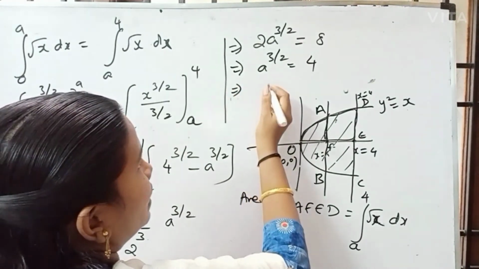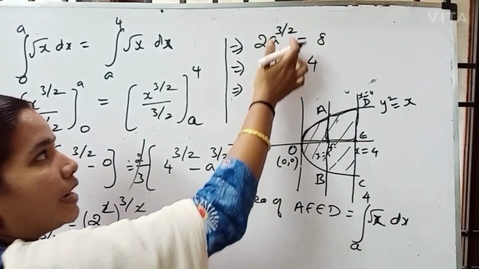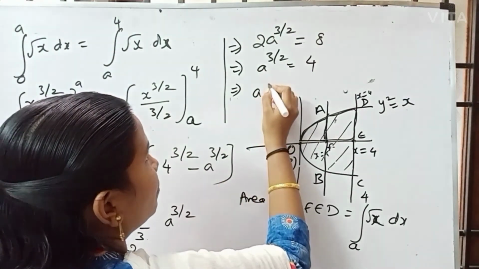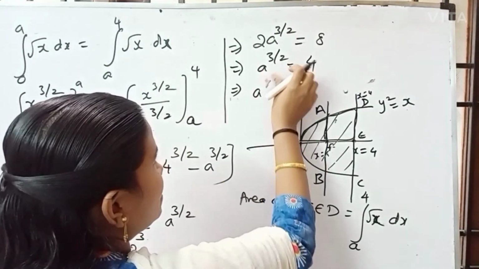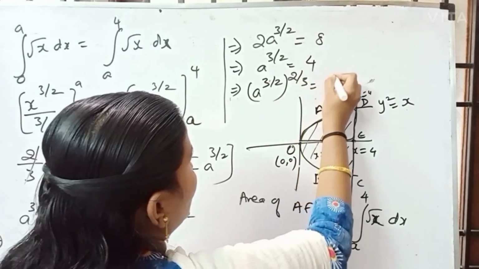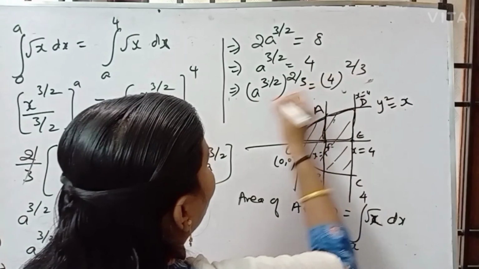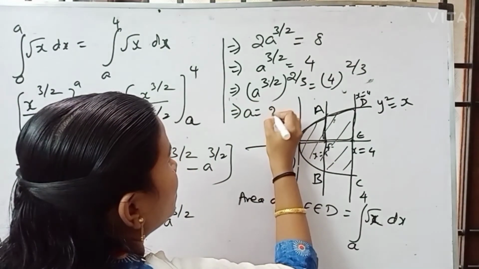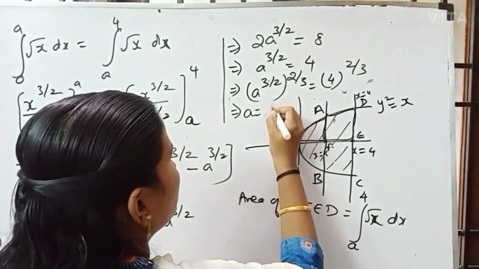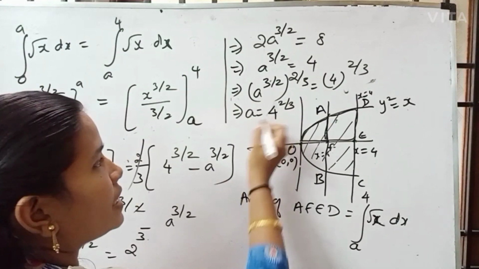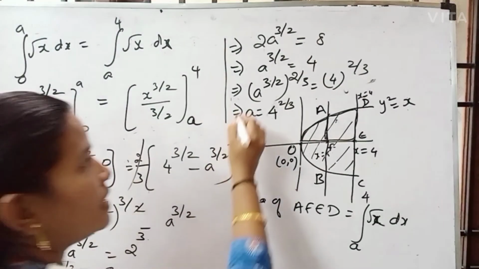Raising to the power 2 by 3, in order to cancel 3 by 2, we get a to the power 1. That is, a to the power 3 by 2 the whole power 2 by 3 equals 4 to the power 2 by 3. So the value of a is equal to 4 to the power 2 by 3. A is 4 to the power 2 by 3 is the answer.